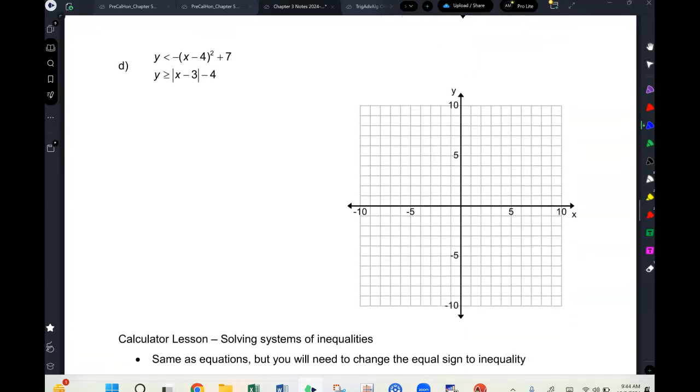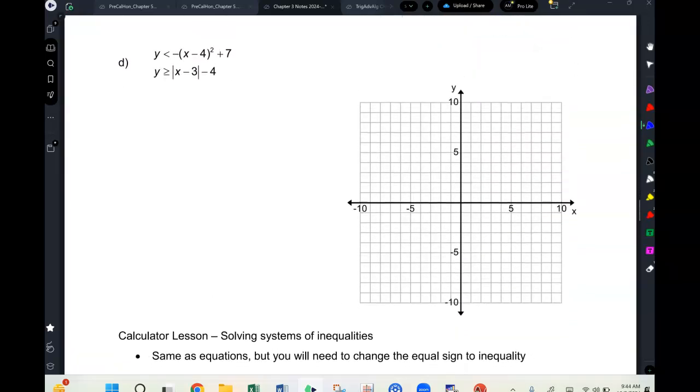Okay, so here we go. Negative y is less than negative x minus 4 squared plus 7. So I go up to 7. I'm sorry, over 4, up 7.